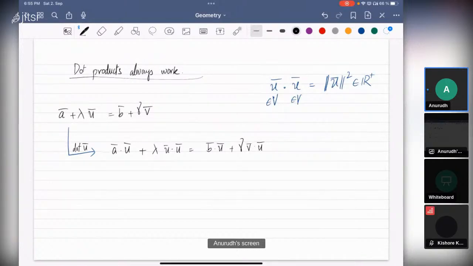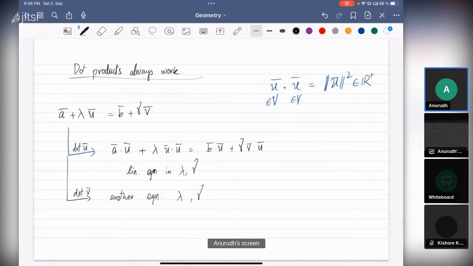So now all of these are numbers, and you just have a linear equation in lambda and gamma. And similarly, if I take the dot with v, I'll get another equation in lambda and gamma. And now you can just solve for these two and find the values.